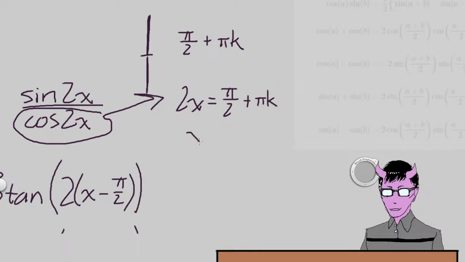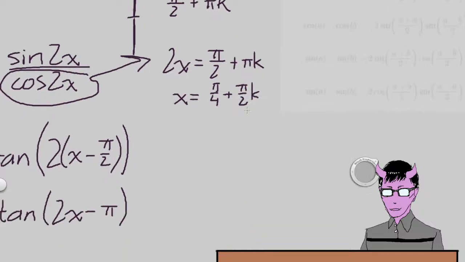So divide everything by 2, thus we get x is equal to pi over 4 plus pi over 2 k. So this tells us that our default vertical asymptotes is going to be if k is equal to 0. That takes us to the first positive vertical asymptote, which is pi over 4. And then if k is negative 1, that takes us to our second vertical asymptote, which is negative pi over 4. Prior to any shifts, of course.